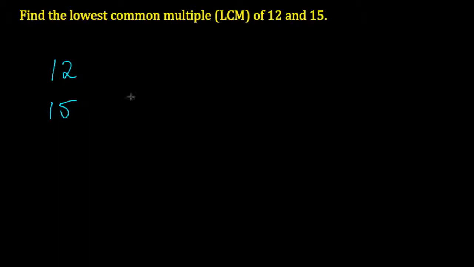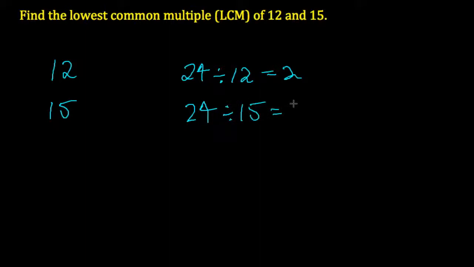Well, let's see. We could consider 24. Well, 24 is divisible by 12. It goes in twice. However, 24, if we try and divide that by 15, it fits in once and has a remainder. So we would not get a clean answer like a 1, a 2, or a 3.